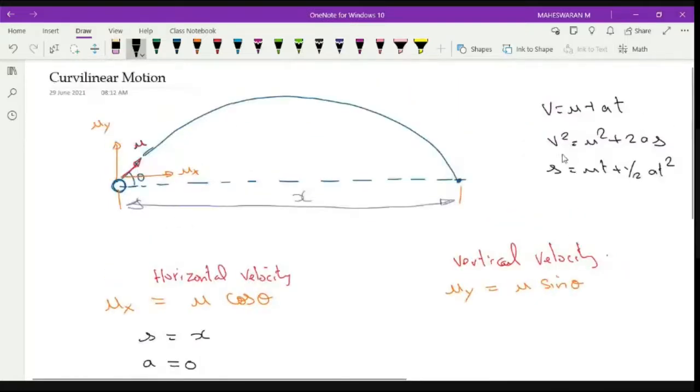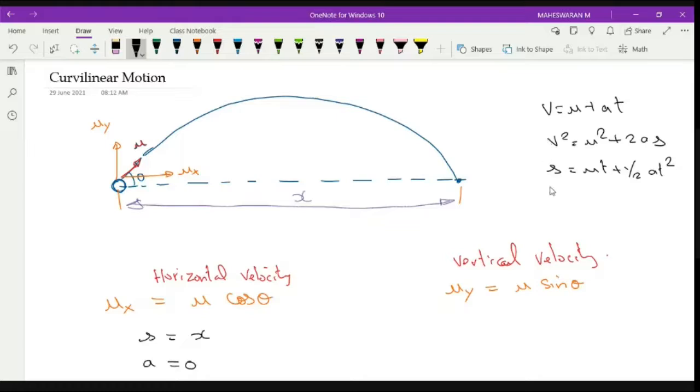Second equation, substituting in v square is equal to u square plus 2ax, it means again v is equal to ux, because the acceleration is 0 and it gets cancelled. So this is the same as equation 1 and I'm not going to write it again.